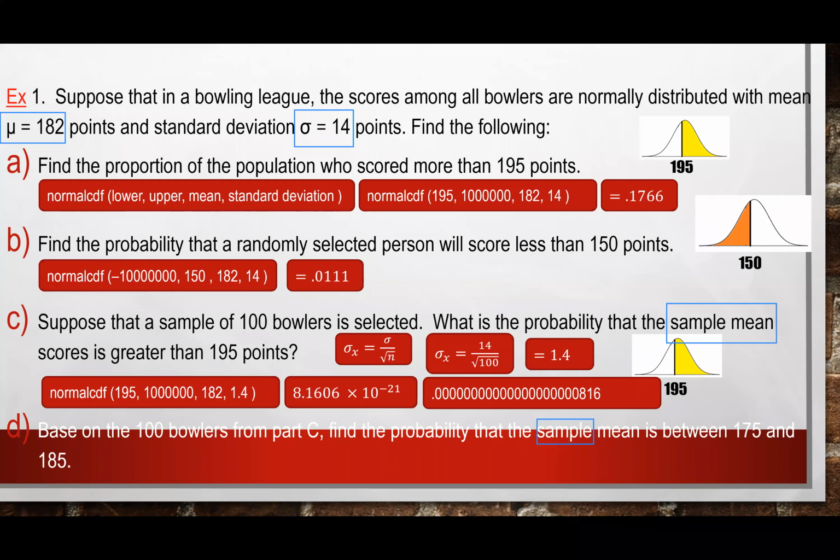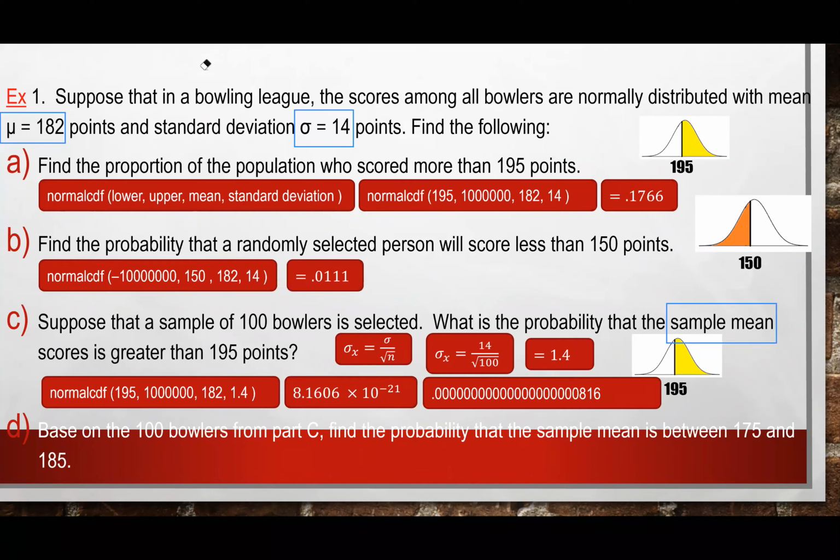And lastly, if you don't have questions with A, B, and C, hopefully in part D you can see that they find the probability that a sample mean, and for a sample mean we have to use the adjusted standard deviation, or the sample standard deviation, which is again the 1.4, is between 175 and 185.